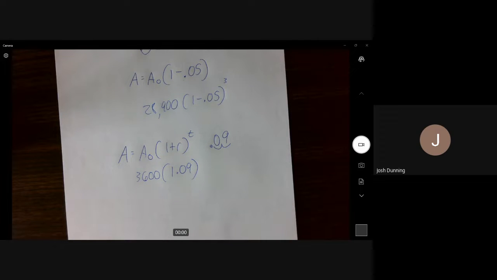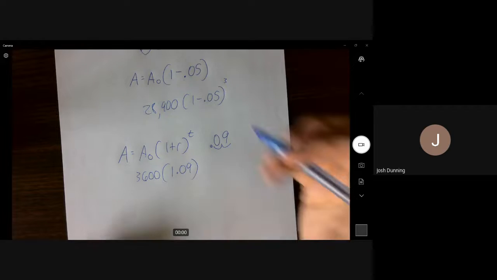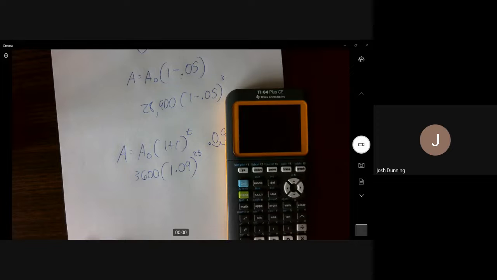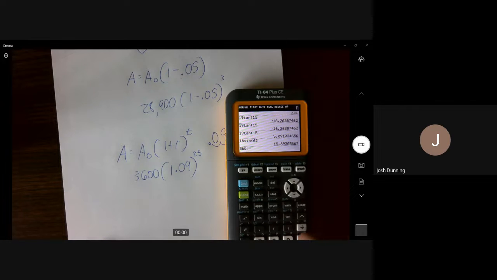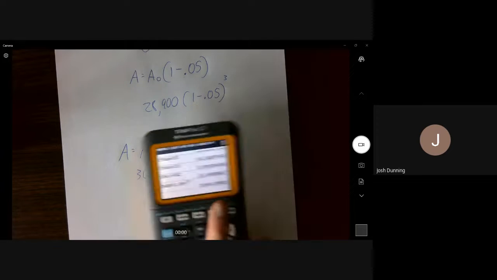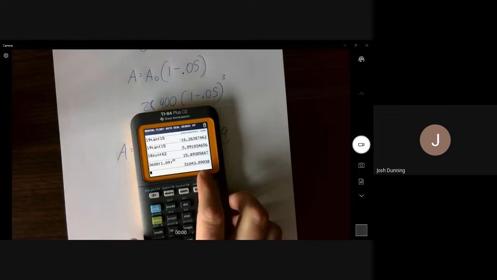You can leave that as plus as you want. In the account after 25 years. So now we'll just type that in. 3,600 parentheses 1.09 to the 25th power. 31,043.09. So it says to the nearest cent.